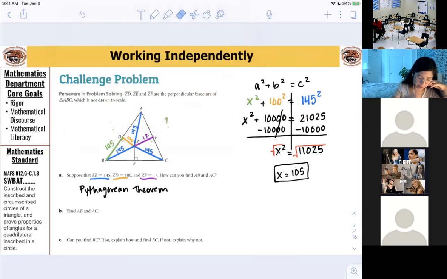But the question was asking for AB, the whole thing. So what is AB going to measure? 105. That's BD. I need AB.